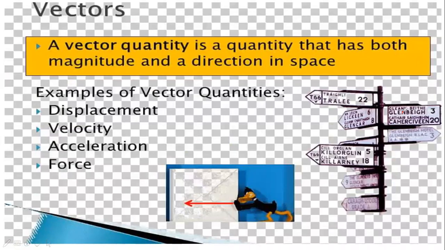Vector quantities. A vector quantity is a quantity that has both magnitude and direction in space. Examples of vector quantities are displacement, velocity, acceleration, force. You will study the detail of these things.